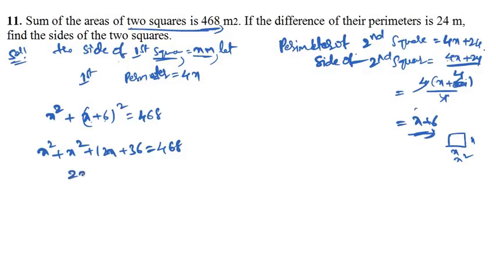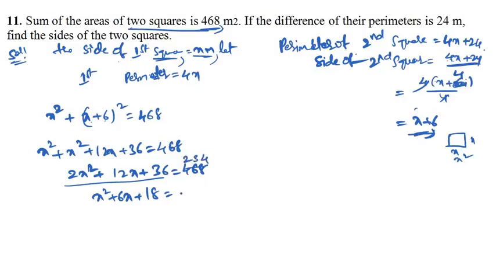From this, 2x square plus 12x plus 36 is equal to 468. 2 will be common from these three terms, so x square plus 6x plus 18 is equal to 468 divided by 2, which is 234.